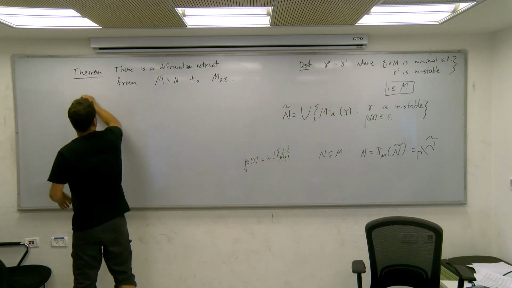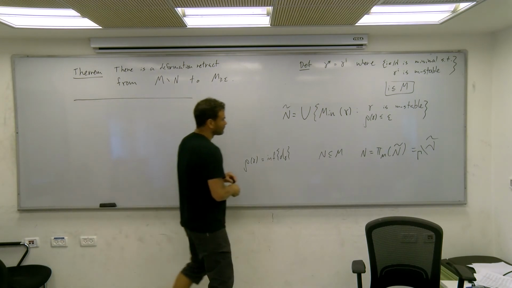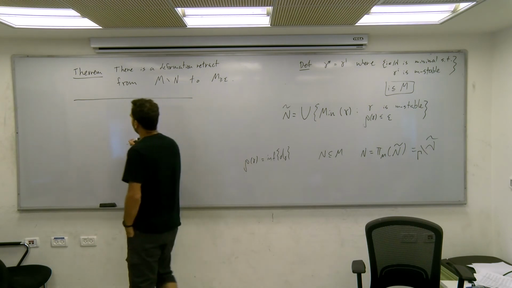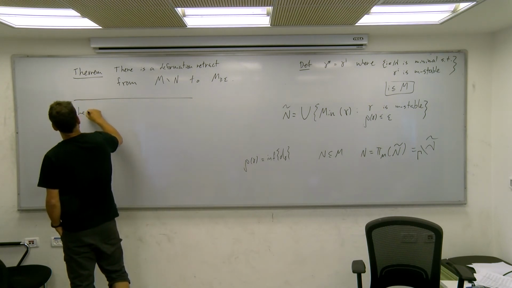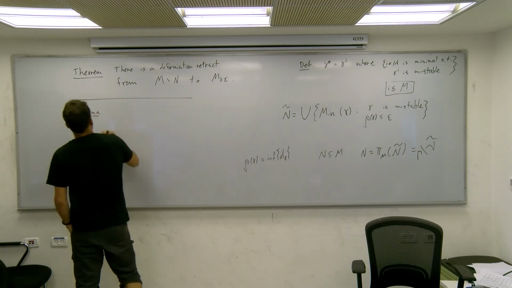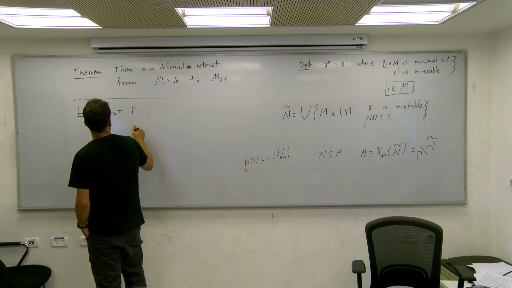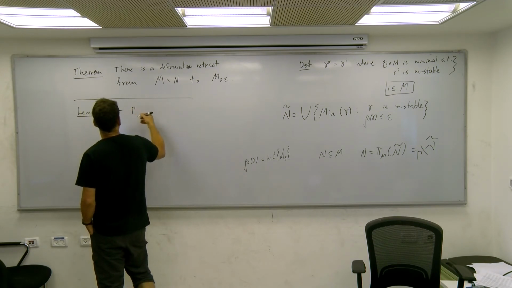So now let's go back to isometry. And the lemma that I want to prove is the following. So let gamma, gamma was the group before.